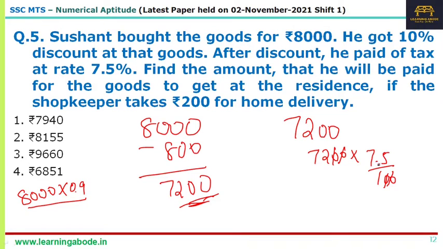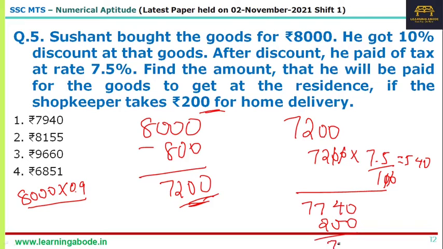So 36 into 15, that will be 540. So 7,200 plus 540 would be 7,740. And the delivery charge is 200, right? So that's 7,940. That's answer option 1 for the fifth question. 7,940 is the answer.